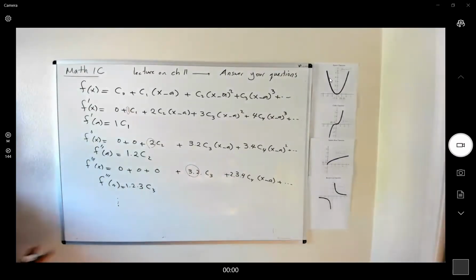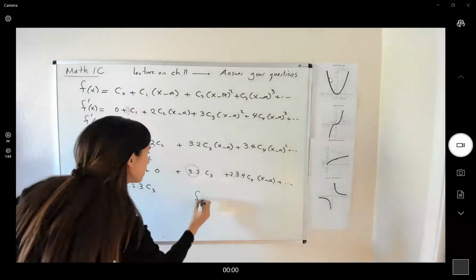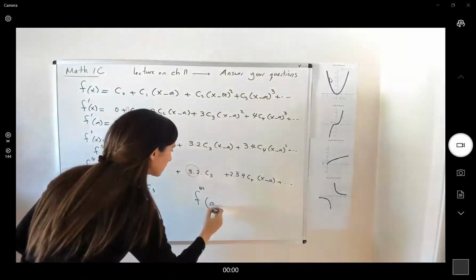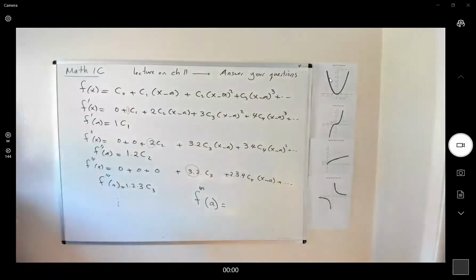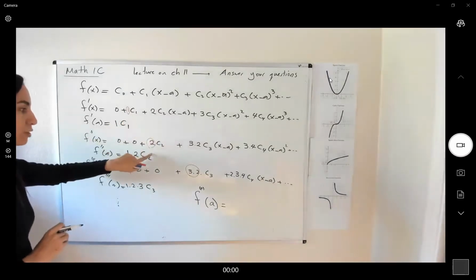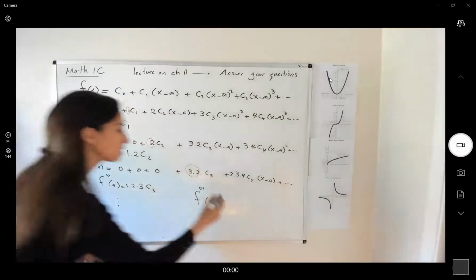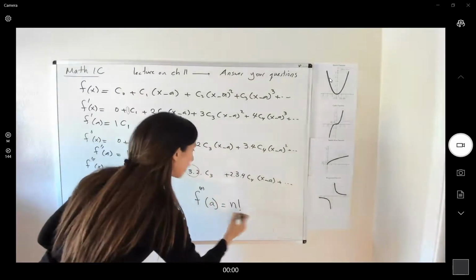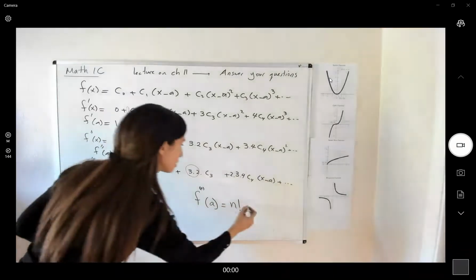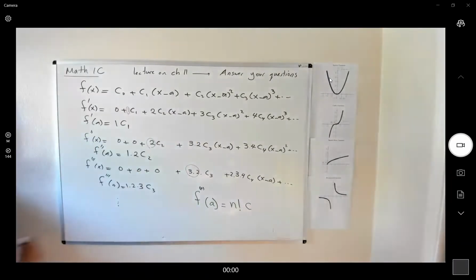Okay, so in general, you can say that the nth derivative of the function at a is equal to n factorial times c sub n.